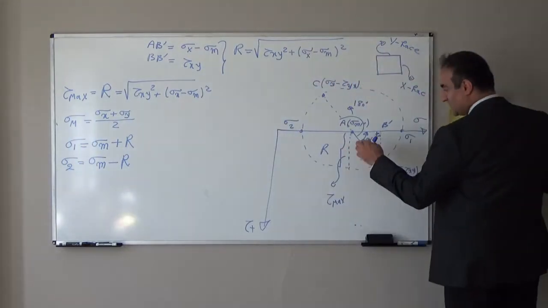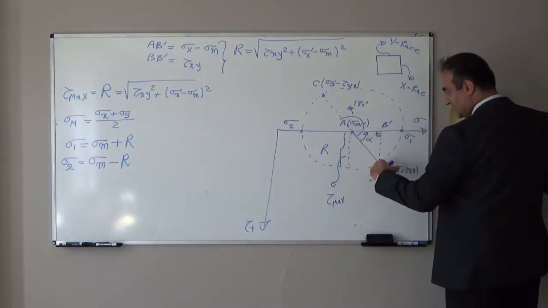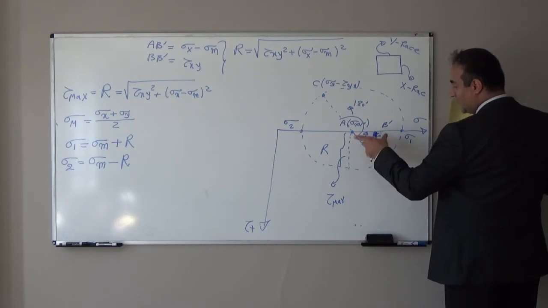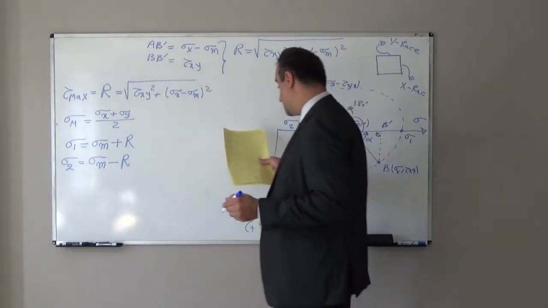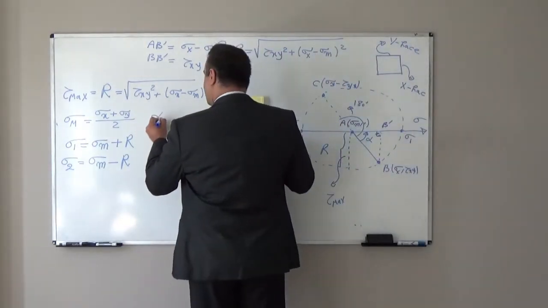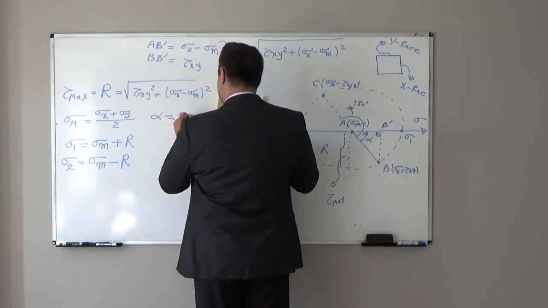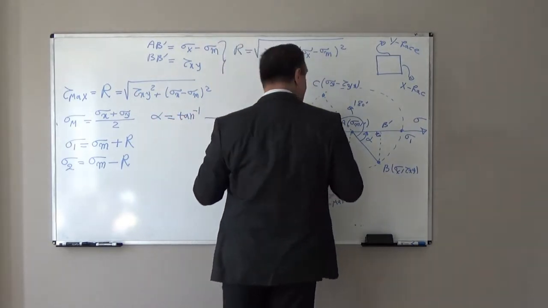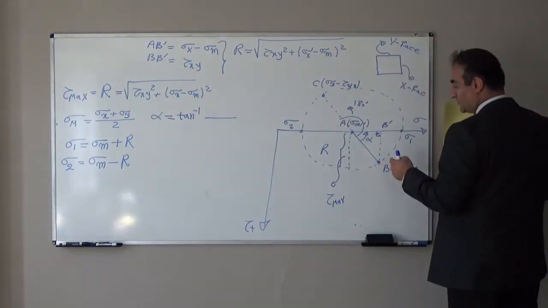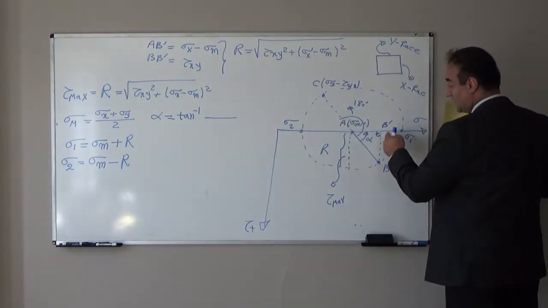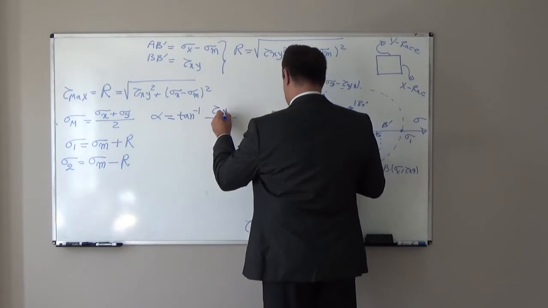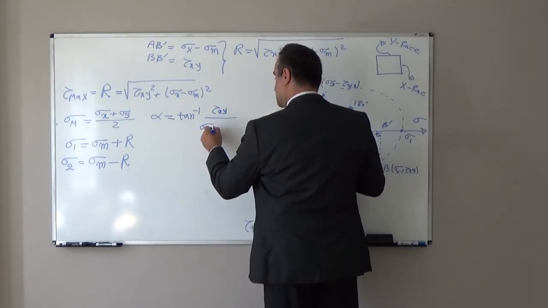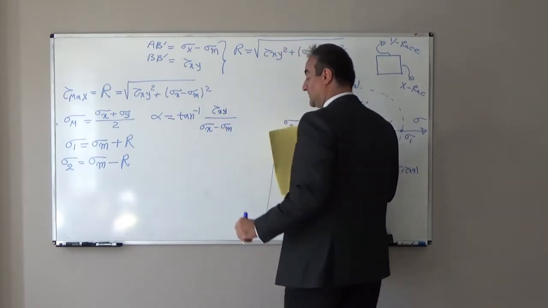So if I rotate this radius by alpha, I will reach sigma 1. I can find alpha as the inverse tangent of BB prime divided by AB prime, which is tau xy divided by sigma x minus sigma m.